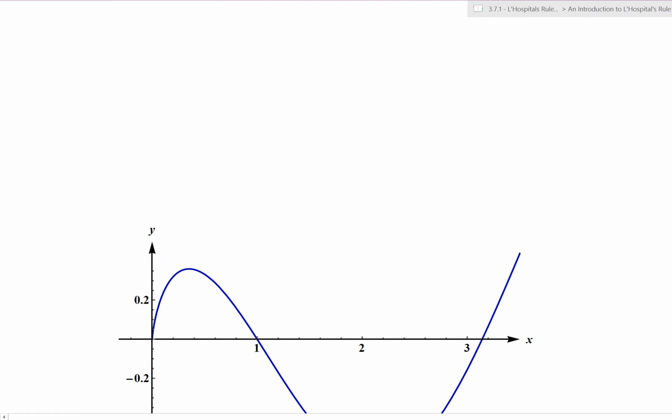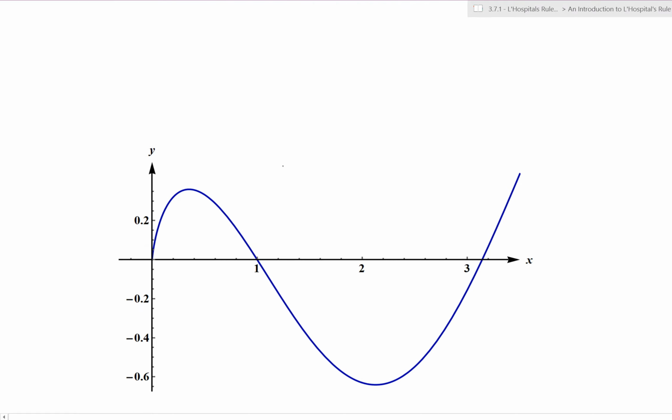So, taking a look at the graph, here it is. Here is the graph of y equals negative ln of x divided by the cosecant of x. And as we can see, as x is approaching 0 from the right here, the function seems to be getting closer and closer to 0. Now, by all means, this isn't necessarily proof that the limit is equal to 0, but it seems to indicate that.